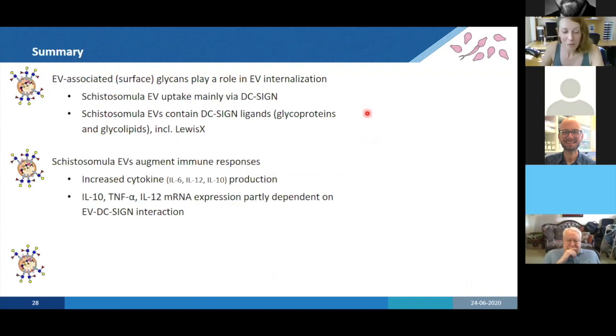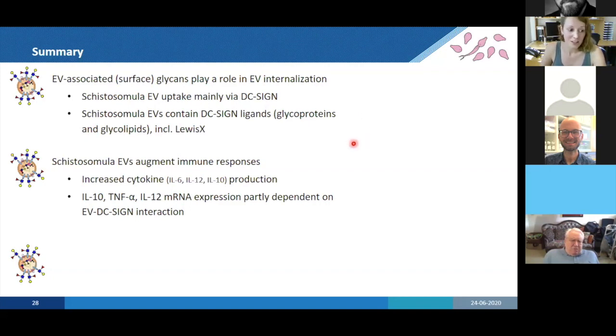So to summarize, we isolated the EVs of Schistosoma mansoni, and we show that these EVs contain glycoconjugates, both on the proteins and the lipids, that contain ligands for DC-SIGN, and that these ligands actually interact with DC-SIGN on the host monocyte-derived dendritic cells, and that this is partly influencing the immune response by these cells.